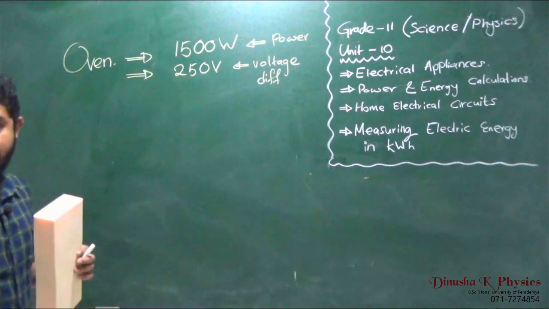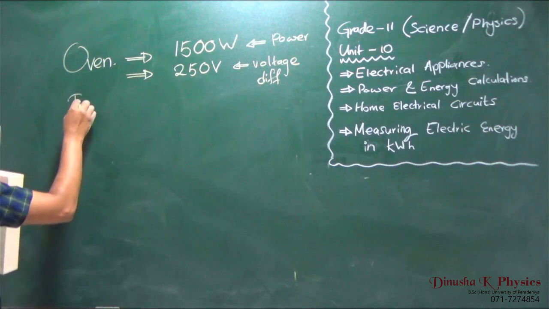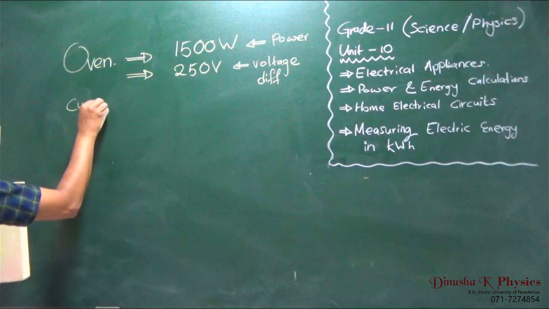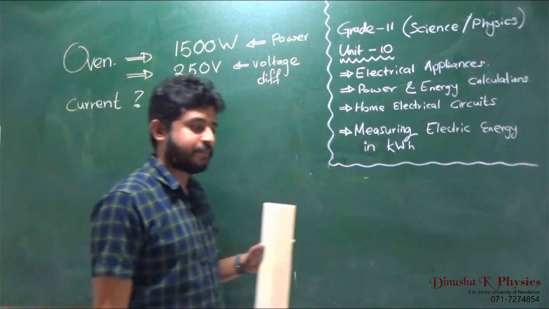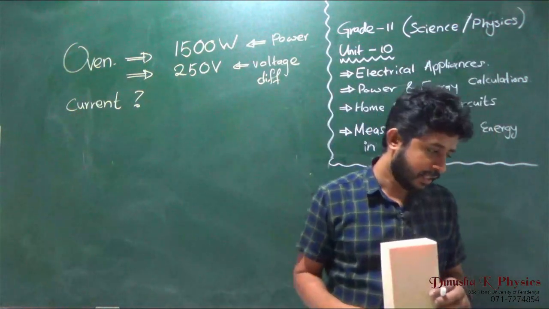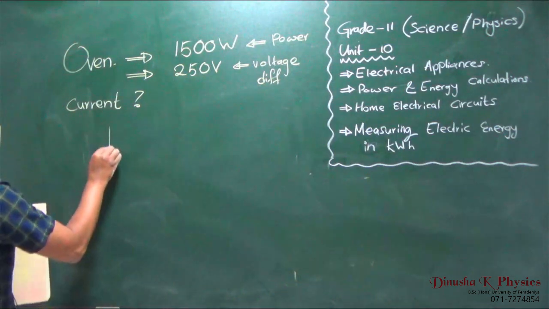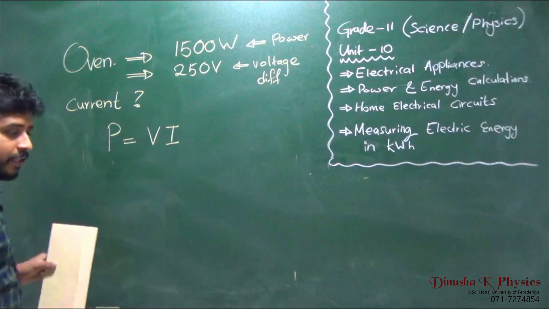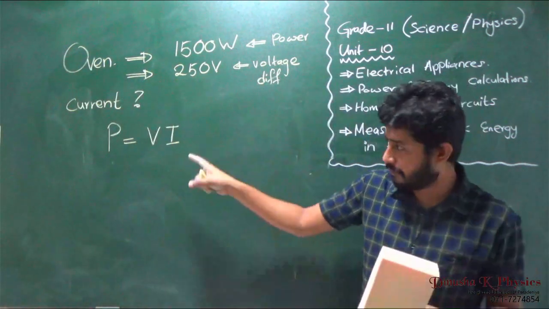Then if you are asked to find how much current it consumes, how do we calculate that? You can use the same formula. Power is equal to VI. From this equation you can substitute the values.